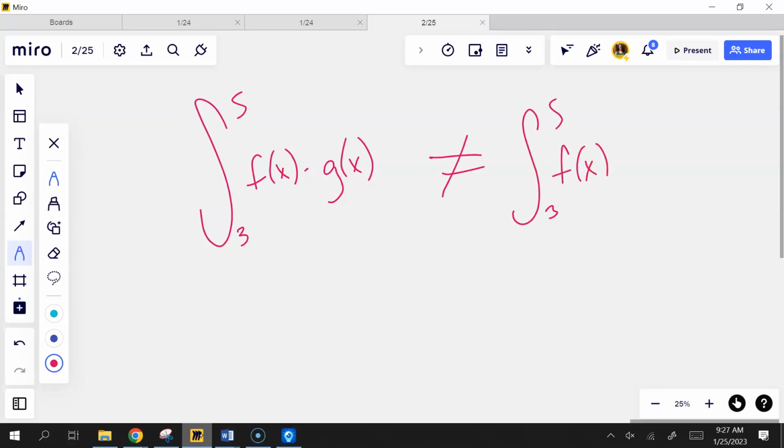You can split up addition and subtraction, but you can't necessarily split up multiplication and division. So 1 and 3 were the only ones that worked. It's not one of your properties of integrals. You just can't.